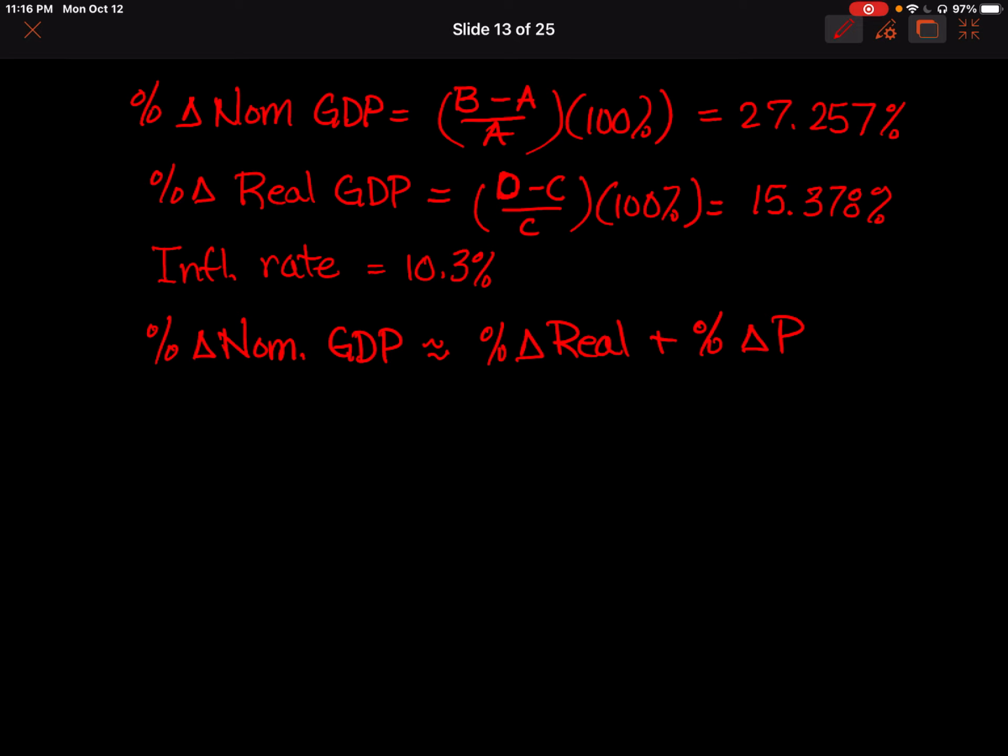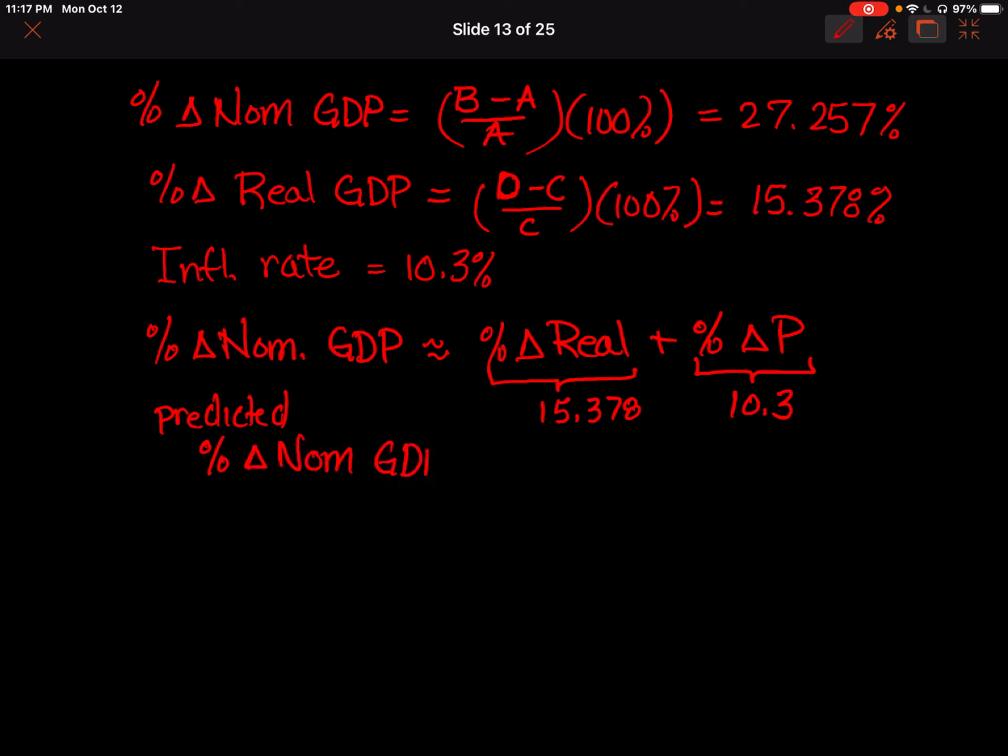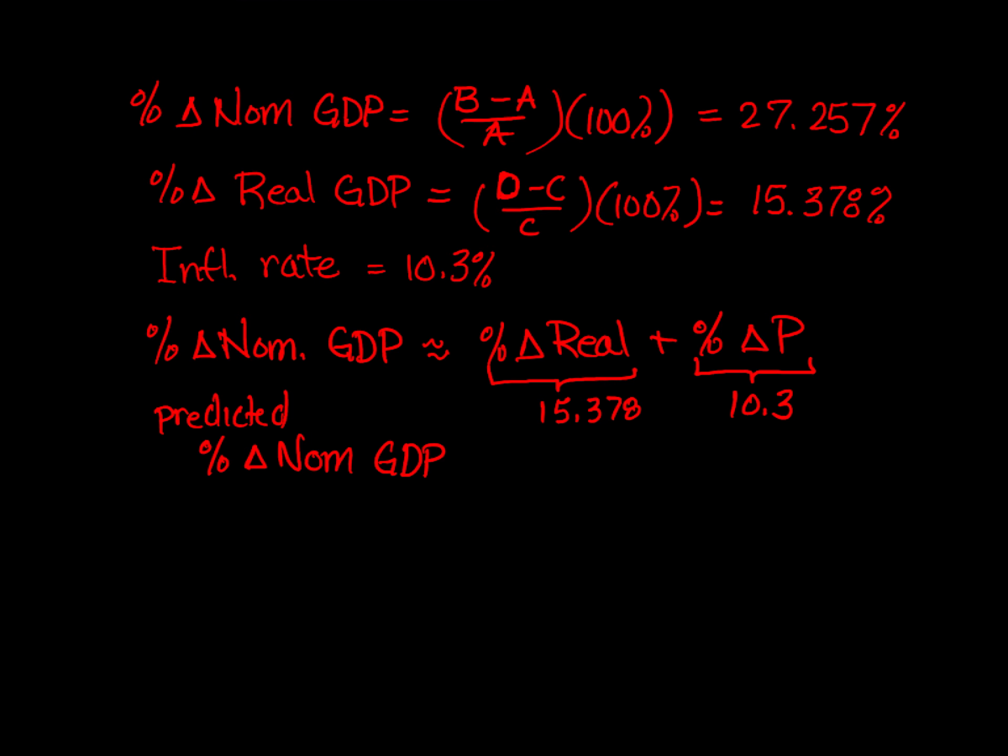So for instance, we had this as 15.378 and this as 10.3, so we would predict the approximate percent change in nominal GDP would be 25.678%.